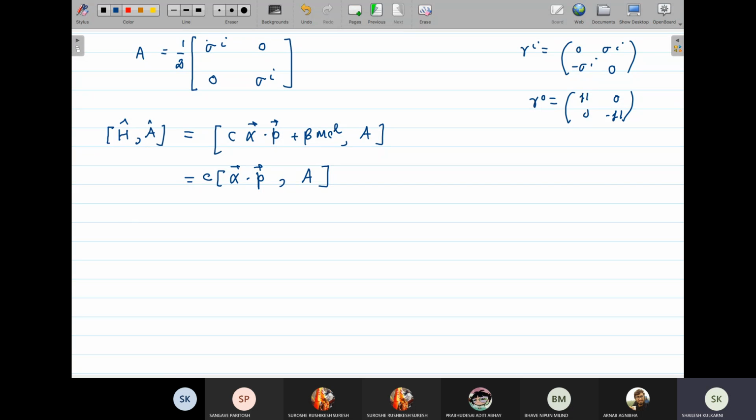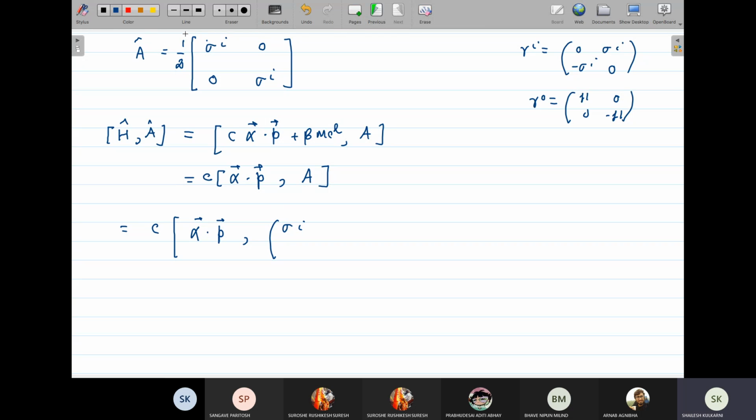What is this commutator? Let me write it explicitly. This will be the commutator of alpha dot p with sigma i 0 0 sigma i.